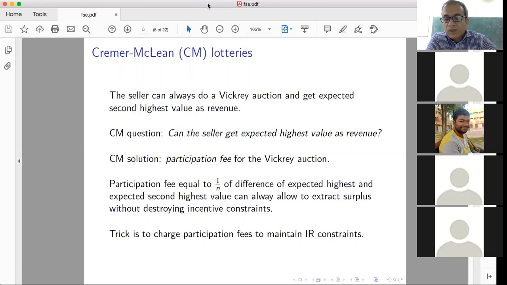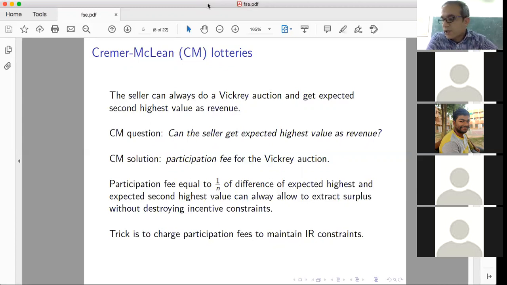When we are talking about extracting surplus here, we mean, in the Kremer-McLean sense, the expected full surplus. And what is the expected full surplus? It is the expected highest value.